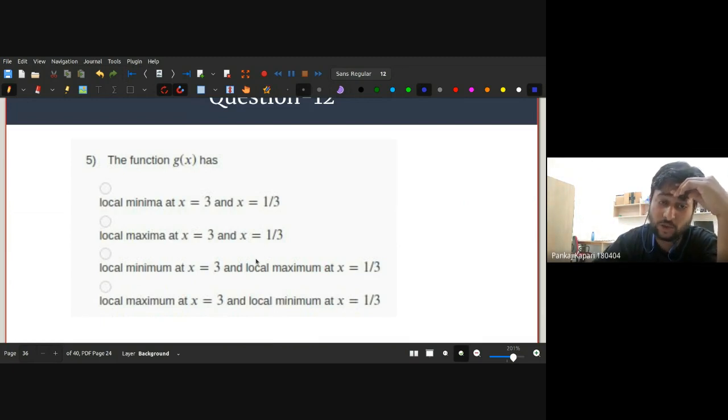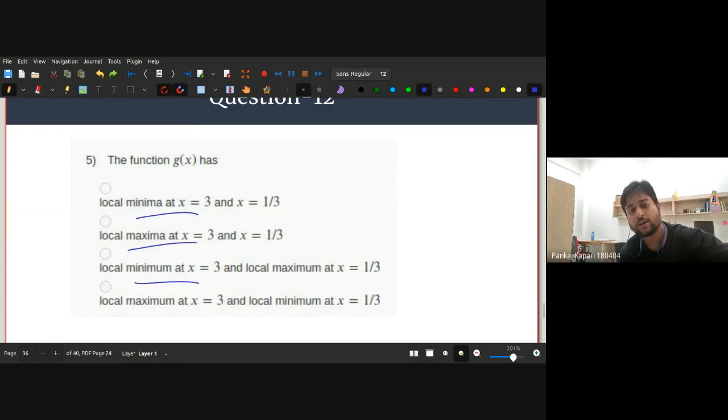Now you know that x equal to 3 is an extrema, but you don't know if that extrema is a local minima or local maxima. So we will find out. All these options ask about the nature of this critical point x equal to 3.